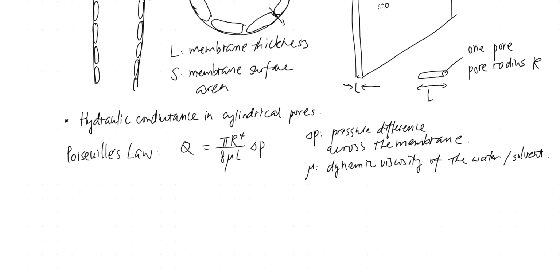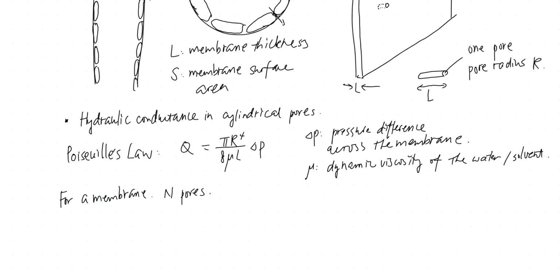Now let's think about a real membrane. You may have more than one pore, or you actually may have a lot of these pores. So how do you account for this? Let's say for a membrane you have n pores, where n is the number of pores.